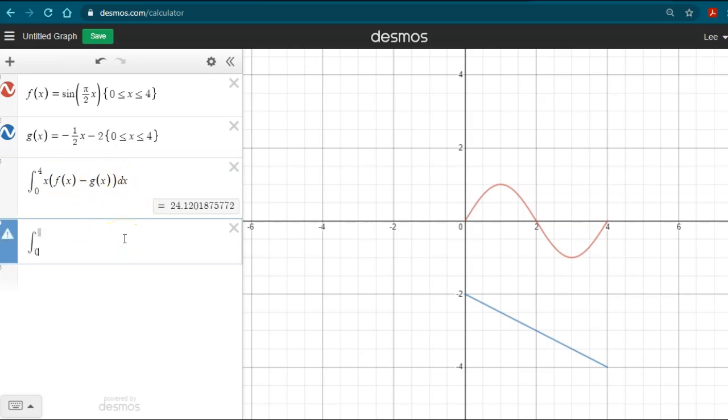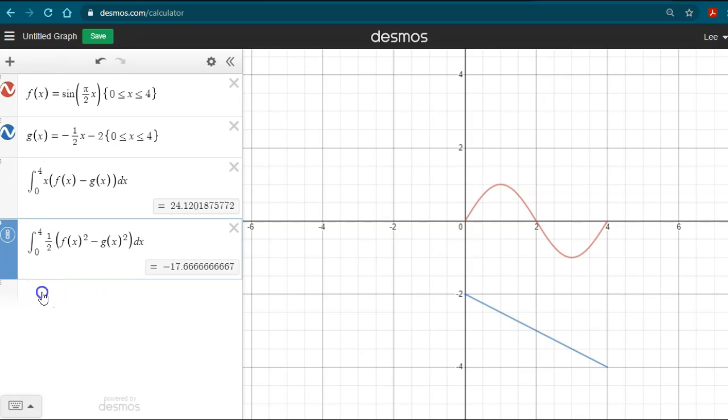This one, integral 0 to 4 of 1/2 times, and again, you put that 1/2 outside the integral if you like, but we'll do f of x squared, and then minus that g of x also squared.